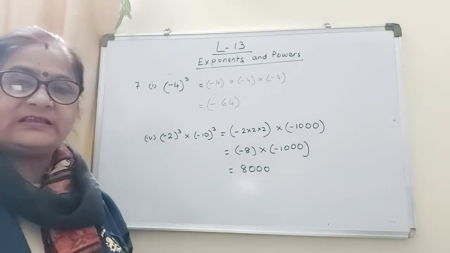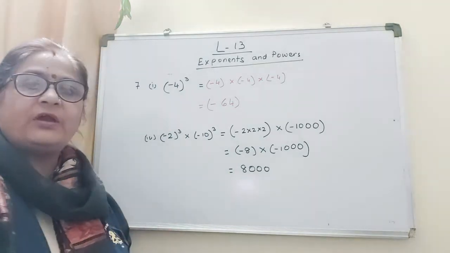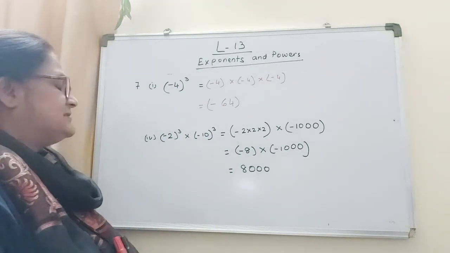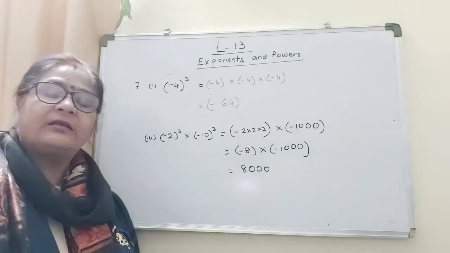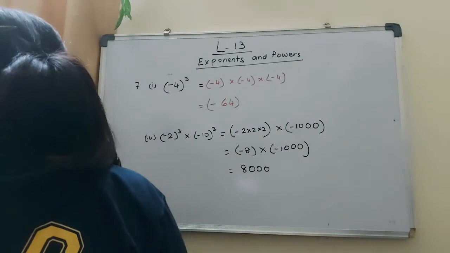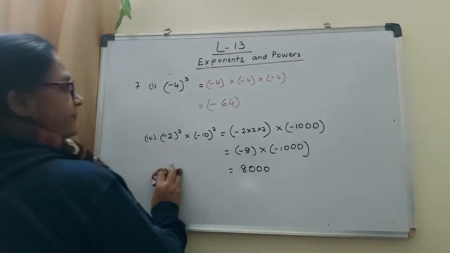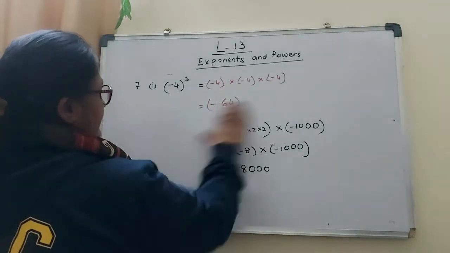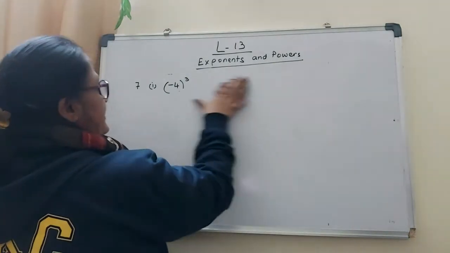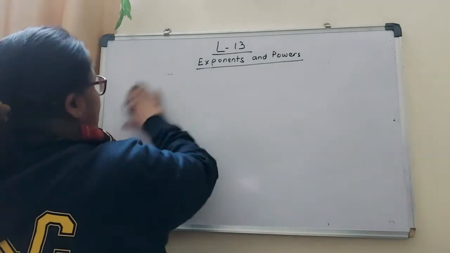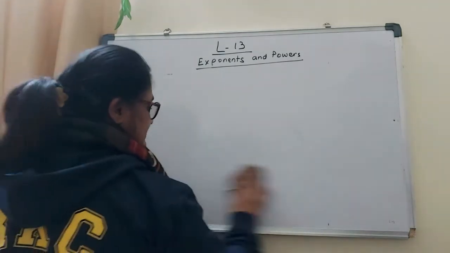Yesterday, you must have done till 4. Today, you are going to do 5, 6, 7 and 8 also, in your classwork notebooks. Please do all the sums. I've shown you the example. Exactly the same way you will do the other sums also.